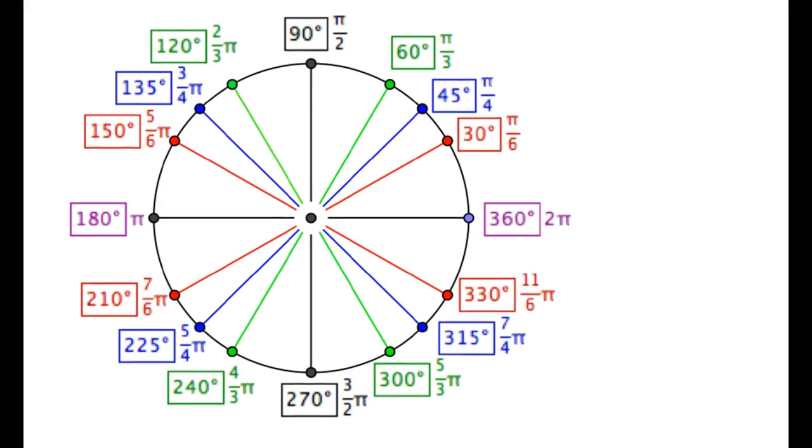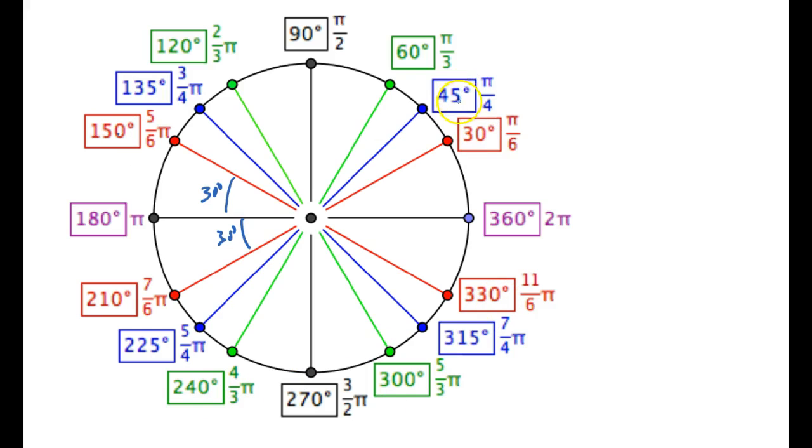You'll notice that 0 degrees and 360 and 180 are in purple. All the multiples of 30 degrees are red, so that's 30, 150, and you see that's a 30-degree angle right there, and that's a 30-degree angle right there. So all the 30-degree multiples are in red: 30, 150, 210, and 330.